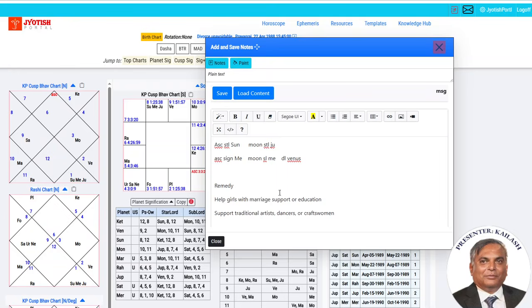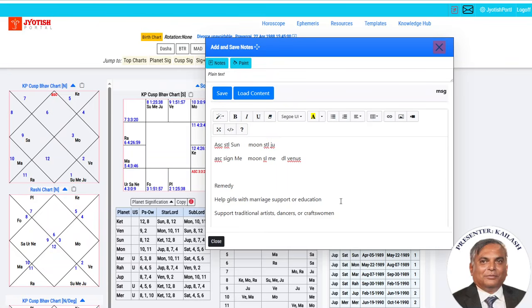Help girls with marriage support or education support, because Venus represents women, or support the artist or the craftswoman, because art and craft is also represented by Venus.